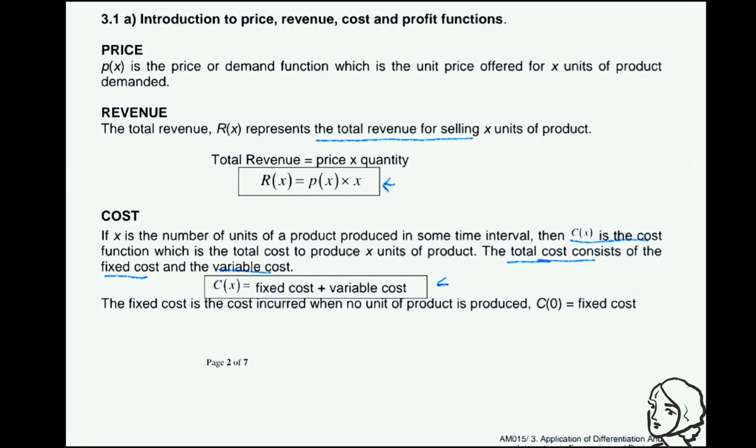So this is the formula for cost function, which is fixed cost plus the variable cost. The fixed cost is the cost incurred when no unit of product is produced. We can say C of 0 is the fixed cost.